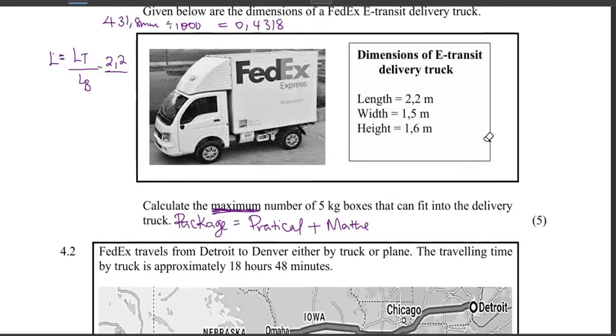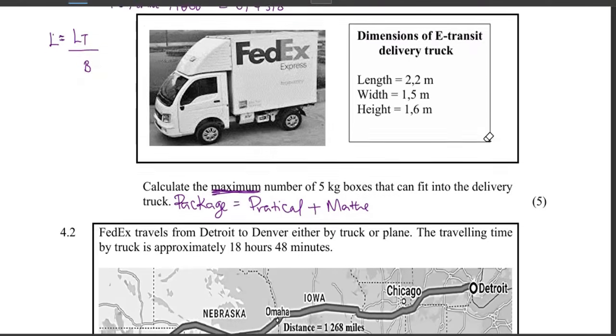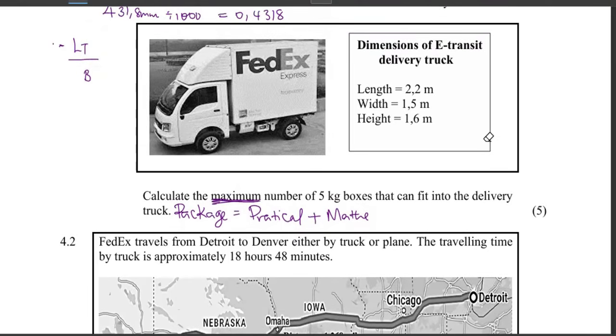So I want to find out on the long side, what will I get? On the short side, what will I have? Lengthwise, on the long side, I said length of the truck divided by the length of the box, which is 2,2 divided by 0,4318.